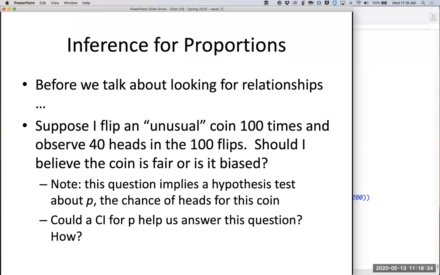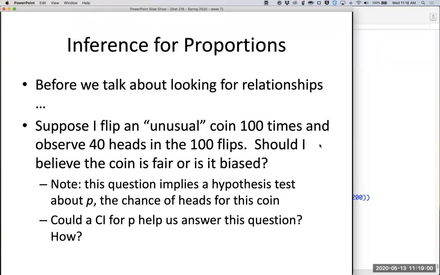So the confidence interval may help us answer the question, but if you want to formally test a hypothesis, you're thinking 40 heads in 100 flips, it's hard to know. If I asked you about 48 heads in 100 flips, you'd say, oh, that could easily be fair. If I said 15 heads in 100 flips, you'd say, oh, no way is that a fair coin. 40 seems like it's maybe on the outskirts of what's reasonable to believe.